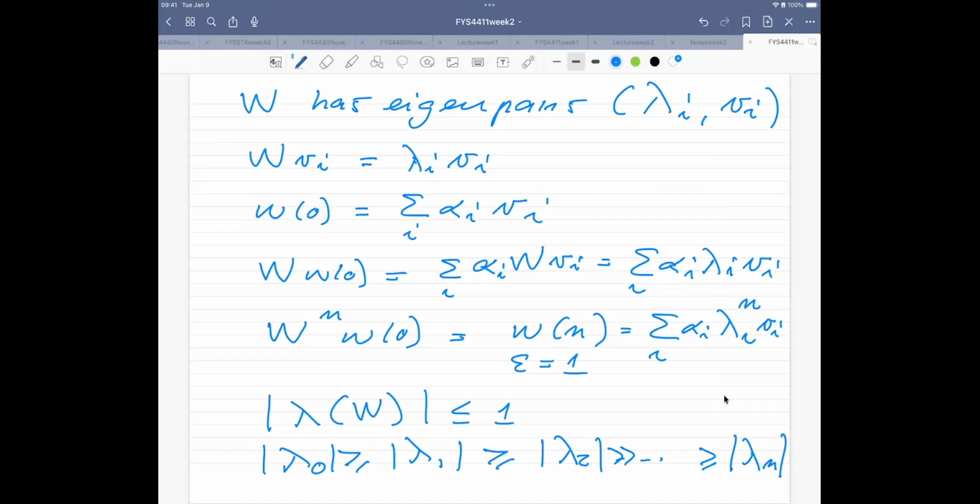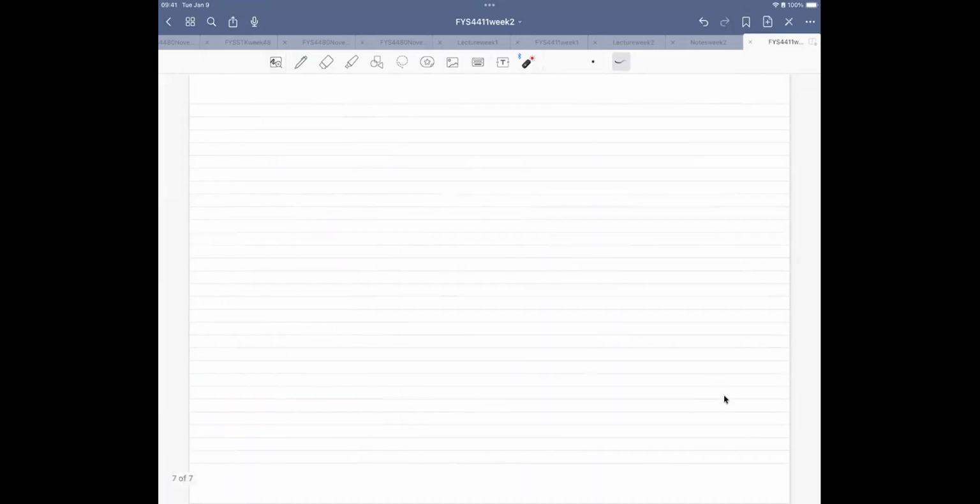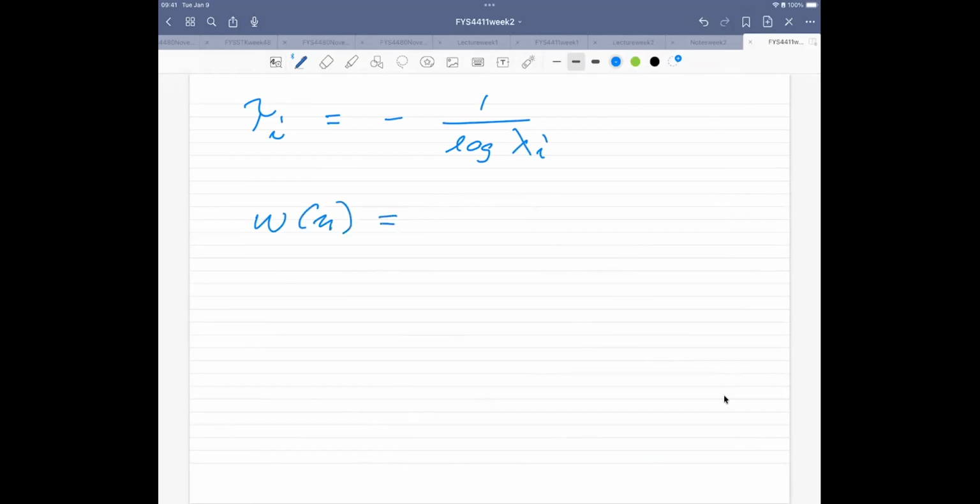So what that means, if we look at the sum which we put up here, I'm going to define a new parameter, which I'm just going to call tau of i, which I label as -1 divided by log of lambda of i. Then I can write this probability distribution after n steps as a sum over i equals 0 up, and in principle this goes to infinity.